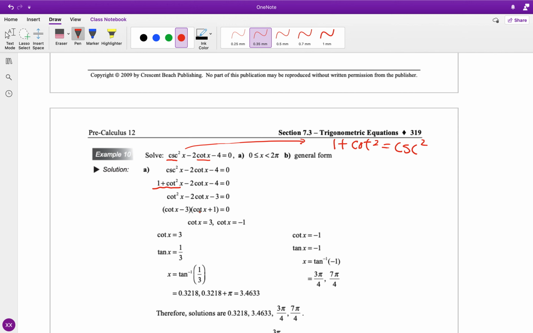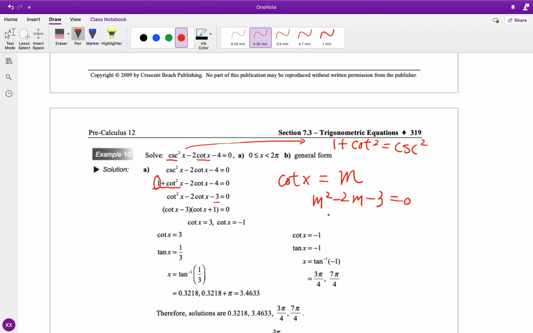So substitute this one using this one, because then you get all cotangent. So that's cotangent squared, subtract that, now 1 add on to -4 becomes -3. Most of you don't need to do this, but this cotangent x is just like m. So that becomes m squared, subtract 2m, subtract 3. If this is easier for you to see, sure.